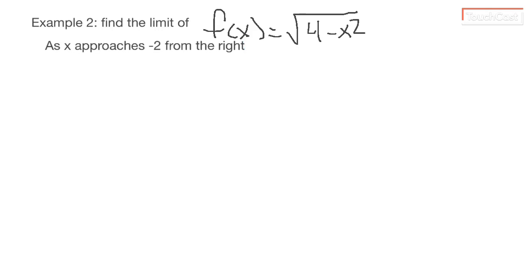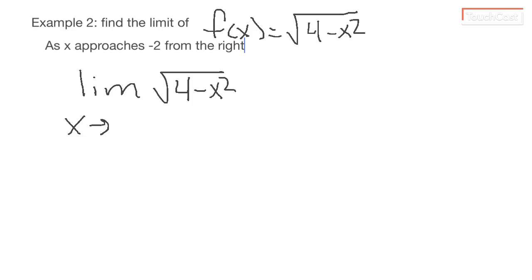If we were using the notation we just looked at, we would write this as the limit of the square root of 4 minus x squared as x approaches -2, and since it's from the right, we'd put a little plus sign.